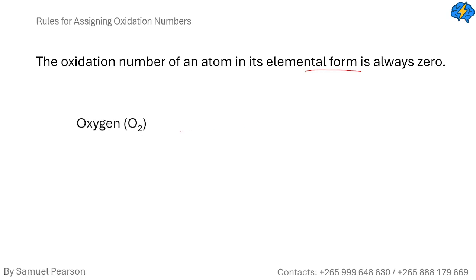For instance, we have oxygen. As an oxygen molecule, the oxidation number is 0. And the same applies to an element like iron. As it is existing as a free element, iron also has an oxidation number of 0.